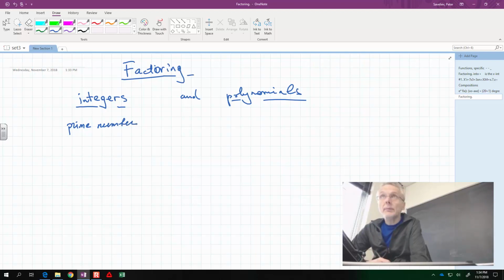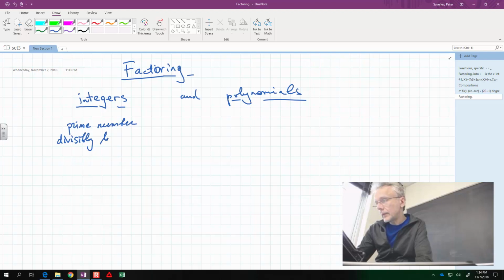What is a prime number? It can't be divided by anything but 1. Right, that's right. So divisible only by 1 and itself.